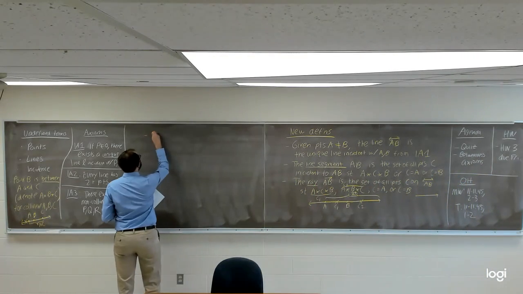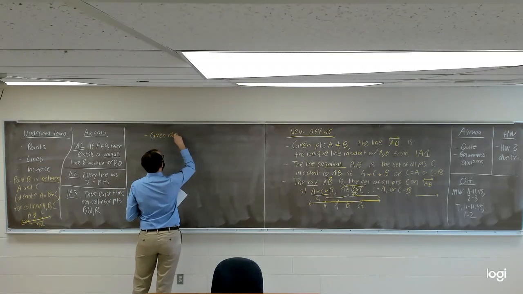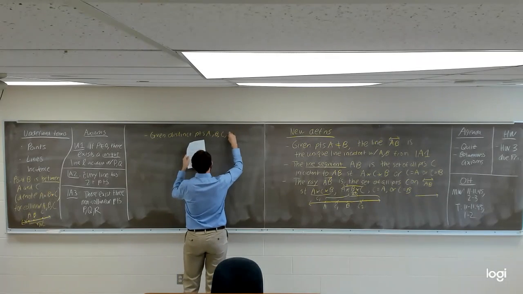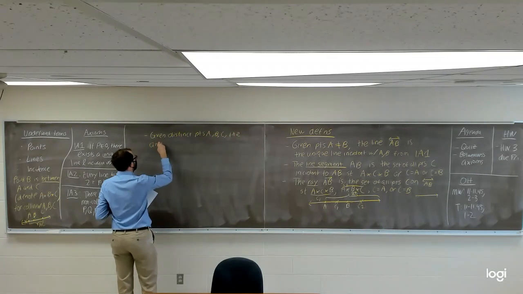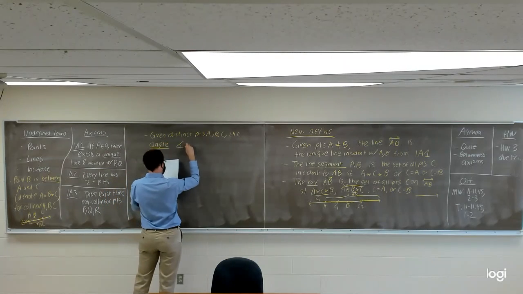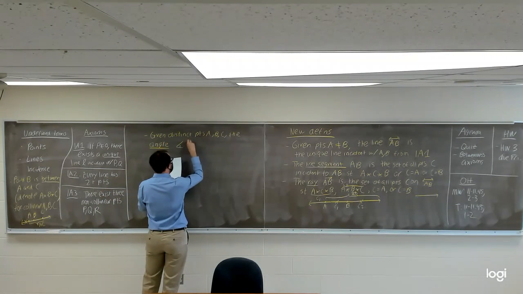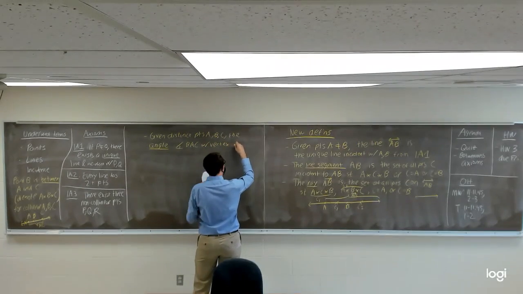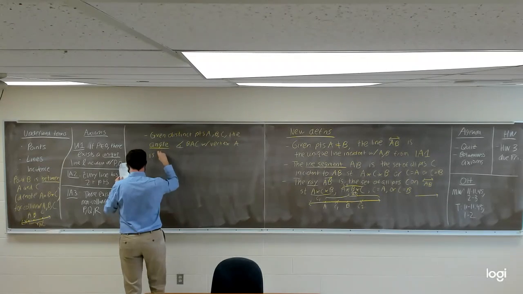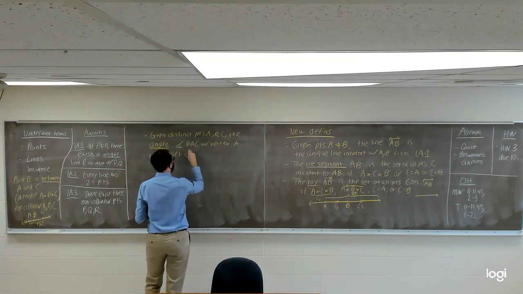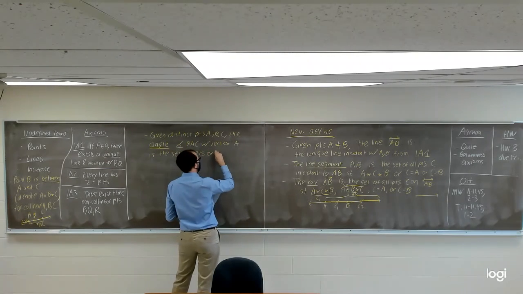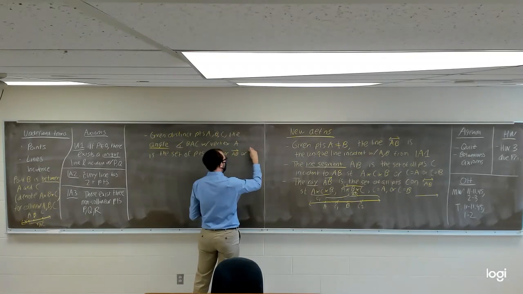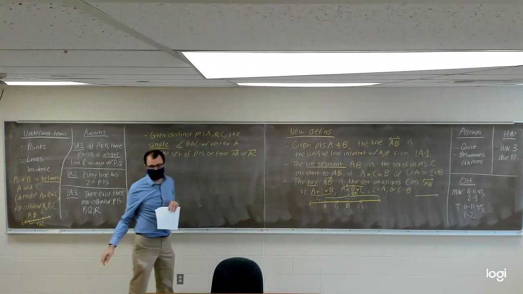So you can also say that given distinct points A, B, and C, the angle BAC with vertex A is the set of points on either the ray AB or the ray AC.